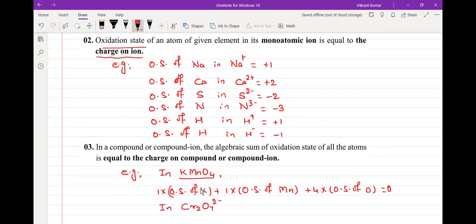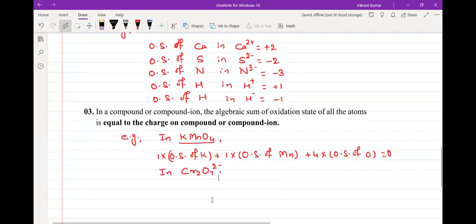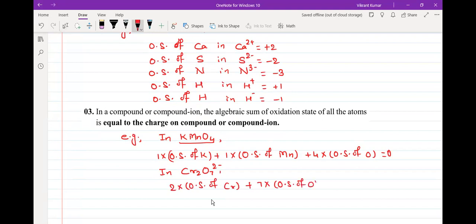But if I say in Cr2O7 2-, 2 into oxidation state of Cr plus 7 into oxidation state of O will be how much? -2.